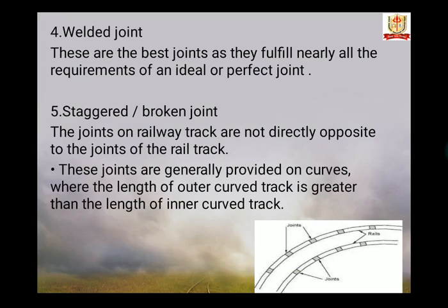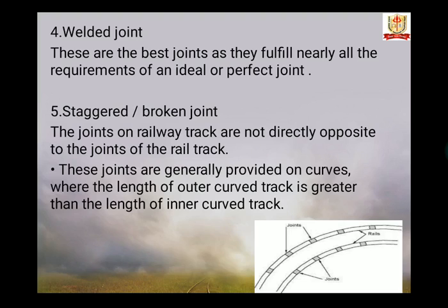Welded joint. These are the best joints as they fulfill nearly all the requirements of the ideal or perfect joint. The rail joints in which both the adjoining ends of the rails are welded together by a suitable type of welding are termed welded rail joints.